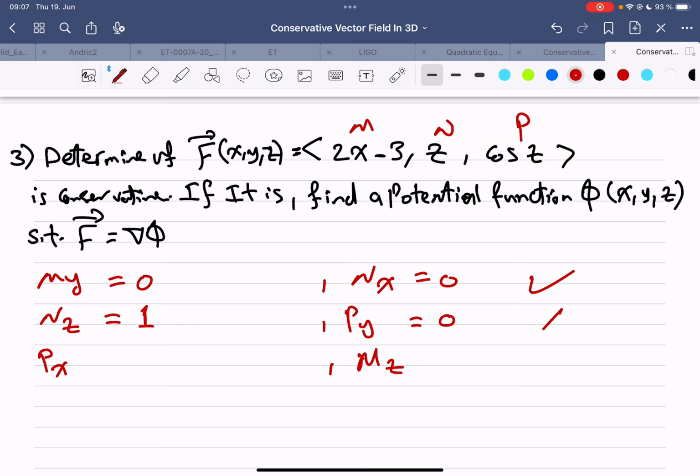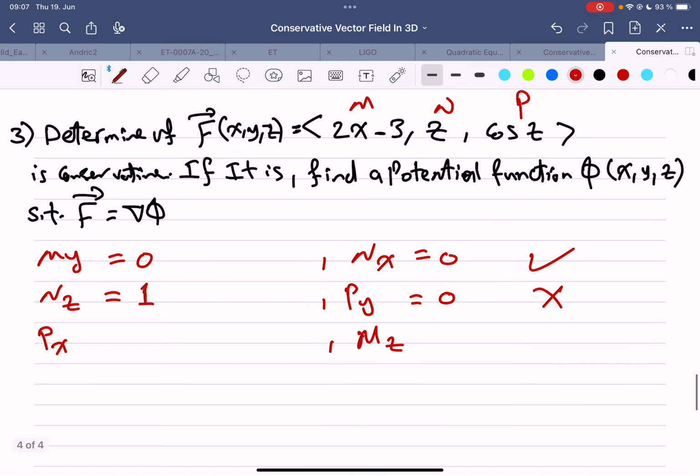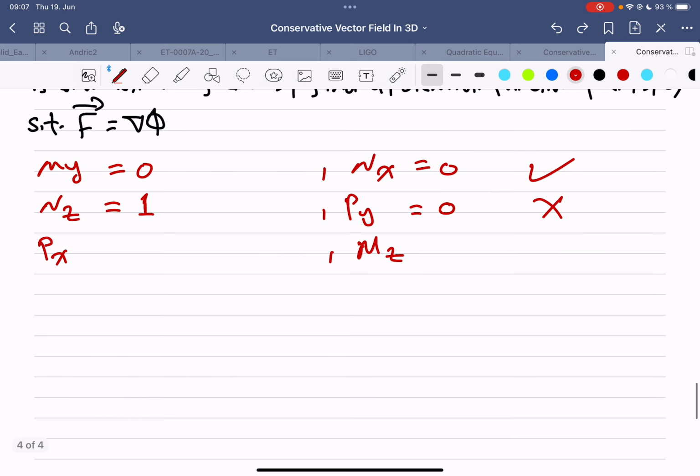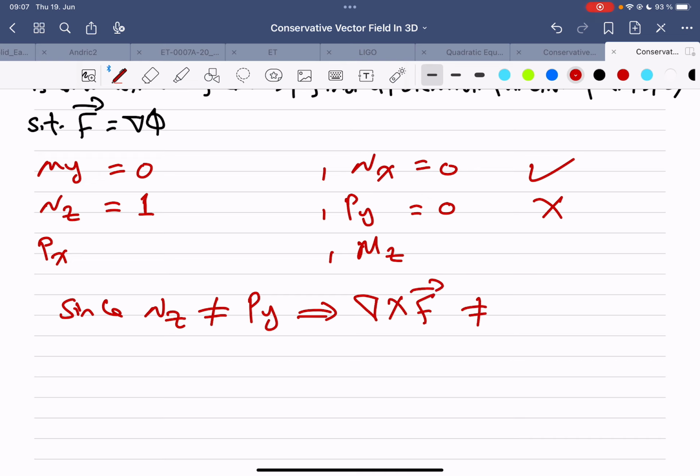So now this condition is not satisfied, so you don't need to continue to check if P x equal M z. So here, since N z doesn't equal P y, curl f doesn't equal 0 and f is not conservative.